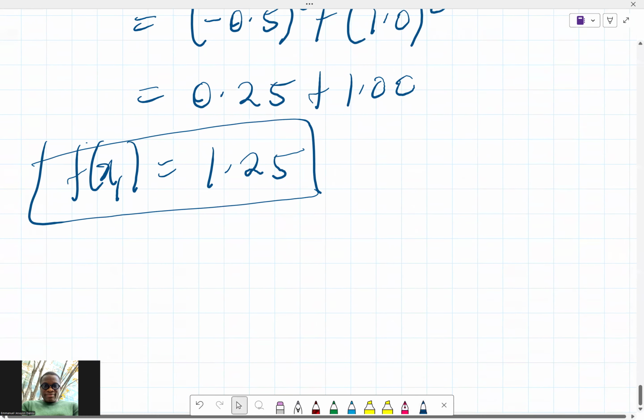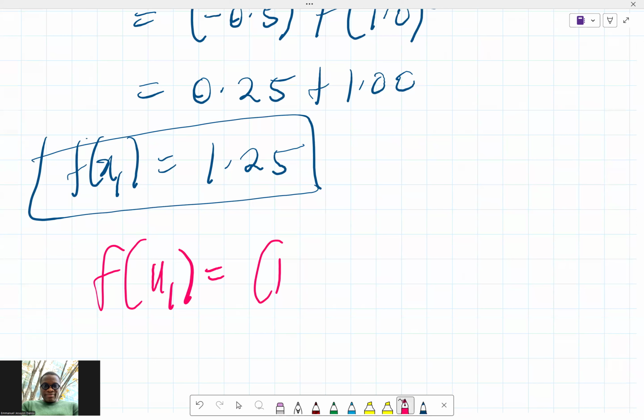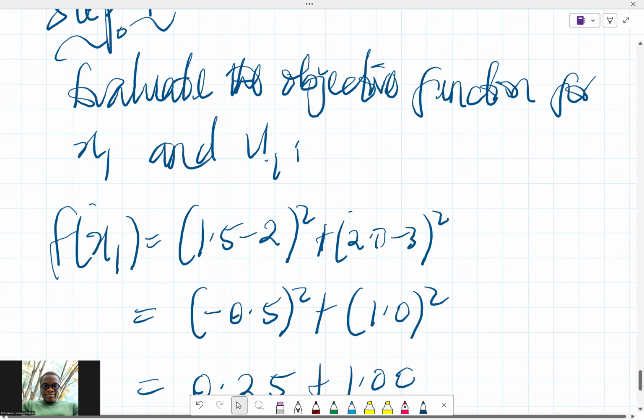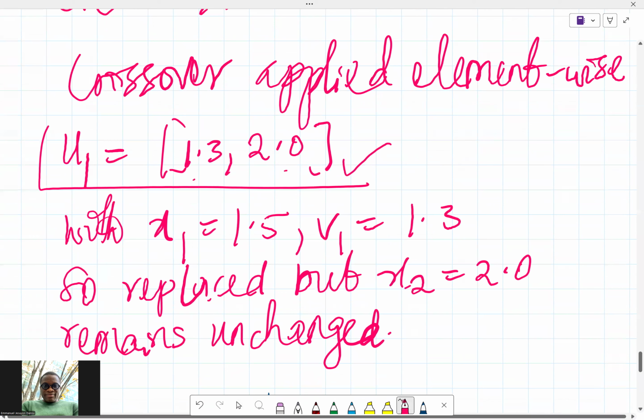And then we can also have f of u1. F of u1 is 1.3 minus 2.0 squared, plus 2.0 minus 3 squared. Of course, U1 is what we have got from the crossover, so that U1 is what we are using there.